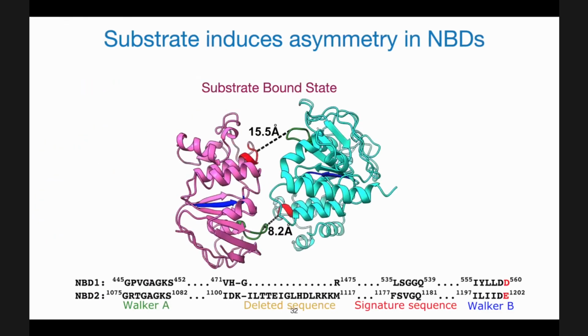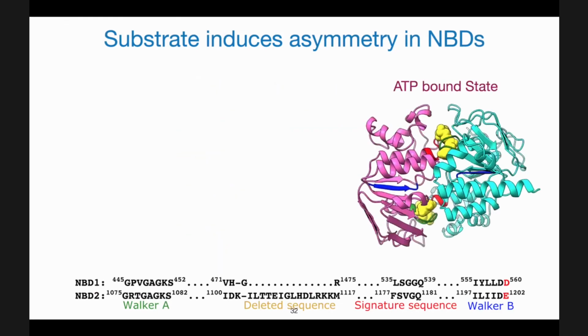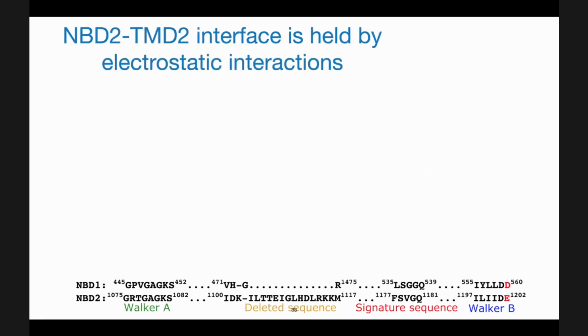However, in a substrate bound state, one ATP binding site, the degenerate binding site, is farther away compared to the consensus binding site, which is closer in nature. And on the other side, this asymmetry is again lost when ATP binds and they come close together to about a 5 angstrom state.